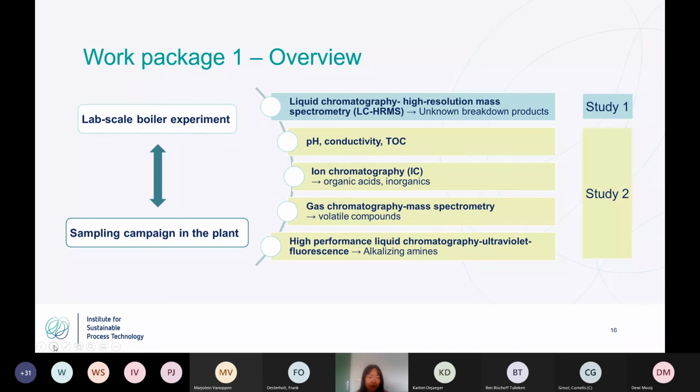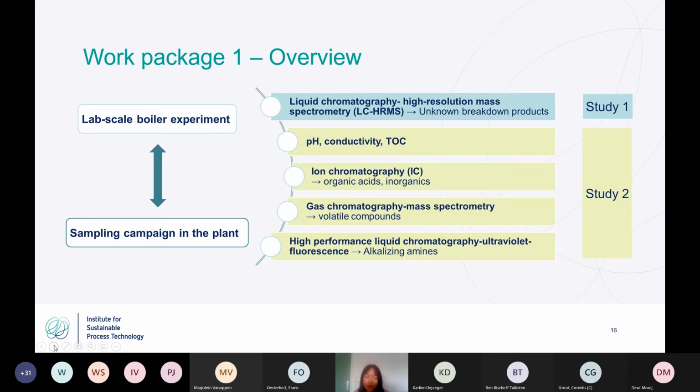We performed several sampling campaigns in the study plant, and for specific questions, we also used a lab scale boiler setup to gain more knowledge. And we developed a workflow protocol, on the right side or in the middle, with a list of different analytical techniques. The first one, in blue, is liquid chromatography high resolution mass spectrometry, which I will just refer to as LC-MS later on. This one is mainly for study 1 to analyze the unknown breakdown products.